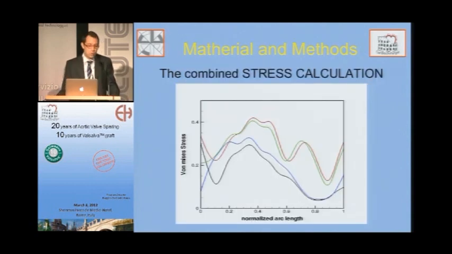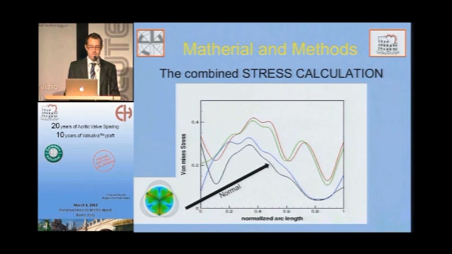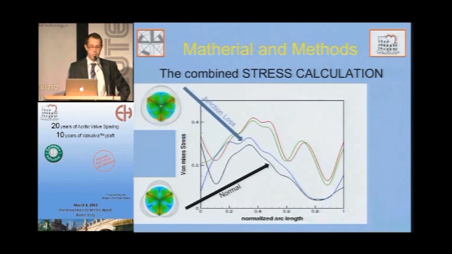When we go to plot this stress on a normalized arc length, which is an imaginary line connecting the free margin to the commissure, we obtain this. The black line is the normal pattern, which is lowest stress in every condition. The blue line is sinotubular junction loss, which has a bit of increase in terms of stress, but not so much.